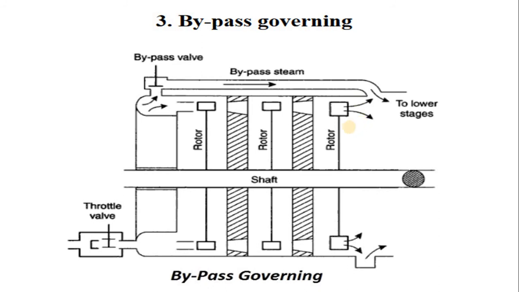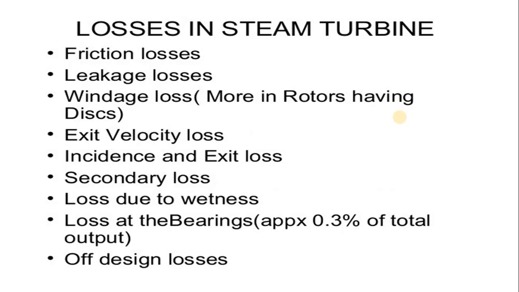Because of expansion, the steam continuously gets reduced, so there are always losses in a steam turbine. If the lower stage wants more steam, then the bypass valve activates and some portion of the steam is continuously passed through the bypass section, or bypass stream, and finally given to the lower stage. So this is all about bypass governing.